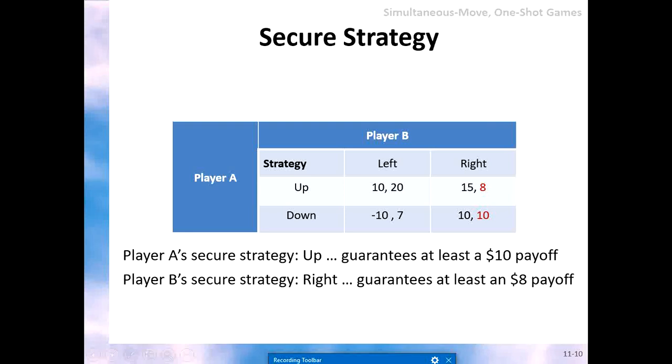So here, if player B plays the secure strategy to guarantee the highest payoff in the worst scenario, then he will lose almost 12 units of payoff, because he should know that player A's strategy is up, and therefore he should play the left. So this is one of the limitations of the secure strategy.